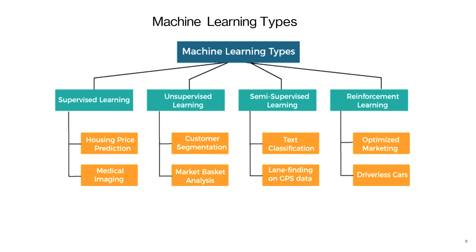The second type is unsupervised machine learning. Here, the system is given data without predefined output labels. The algorithm tries to identify meaningful patterns or structures within the data.